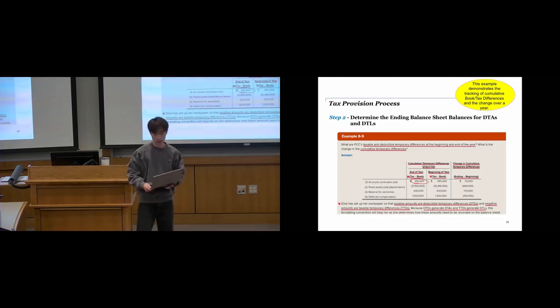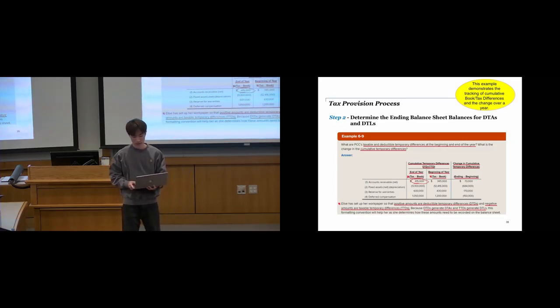The change is 70,000, so it's positive, which means the tax basis is over the book basis. So we consider that a deductible temporary difference. Yes. And use the same method for the next three. For the fixed asset, we got the change is negative 684,000.